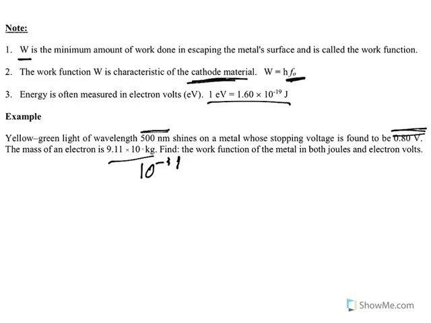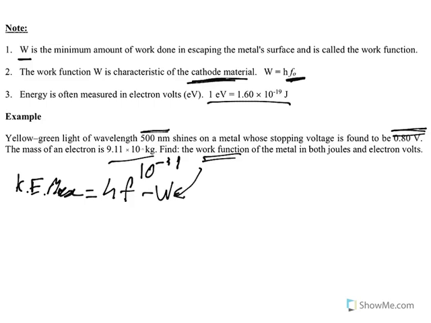Alright, so we know that our maximum kinetic energy equals hf minus W, the work function. What we're after is the work function, so we're trying to find that one there.